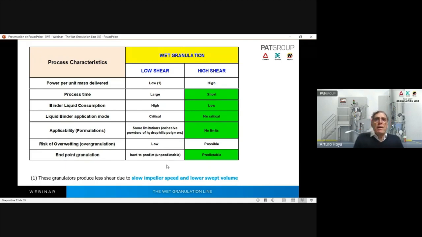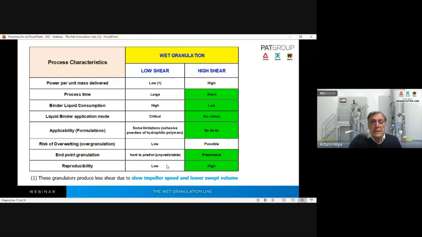The end point of granulation, at which moment do we stop the granulation? Well, in low shear, it is hard to predict, or unpredictable, because we haven't devices to obtain this predictability. But in high shear, we have many sensors and the possibility to predict this endpoint reasonably.